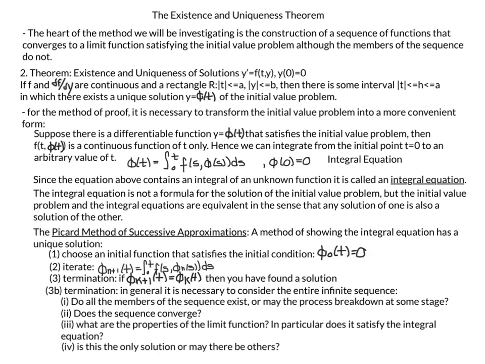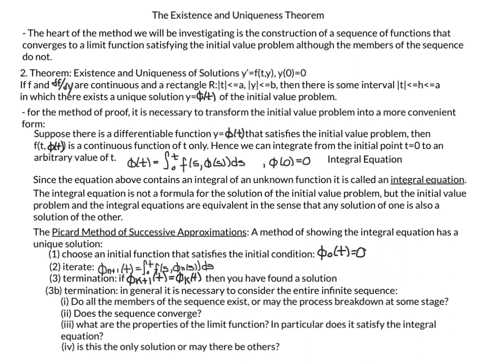So at least our initial condition is solved. And then we're going to iterate. For our next phi function, we're going to integrate from 0 to t of f of s, phi n of s ds. And we repeatedly iterate until either phi of k plus 1 is equal to phi of k, or in general, we can see that our infinite sequence will converge.